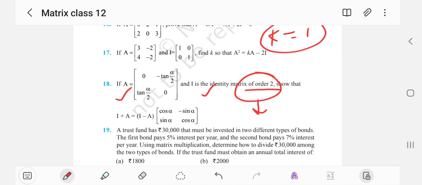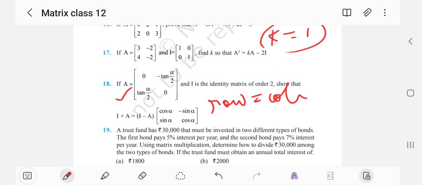Because the identity matrix is a square matrix, and in a square matrix the number of rows is equal to the number of columns. So when I write 2, it means that the number of rows should be equal to the number of columns, because after all it is a square matrix. So in short we can write that the matrix has order 2. This is the same as saying the matrix has order 2 by 2. That's why it is written in this manner.